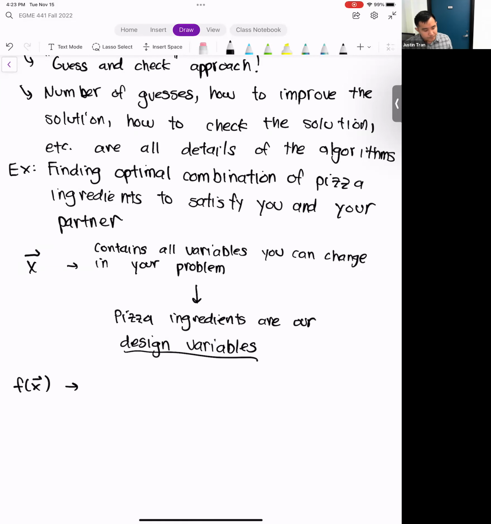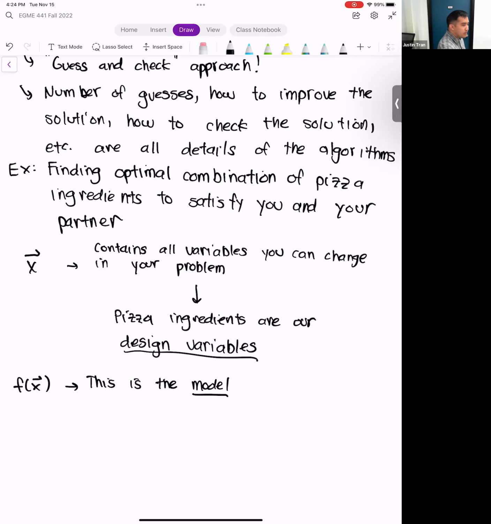All right. Now we have f of x vector. From the figure above, I said this was a way to check your results. Another word for this is the model. Most of the time, and for our optimization problem, the model is going to take a mathematical form.